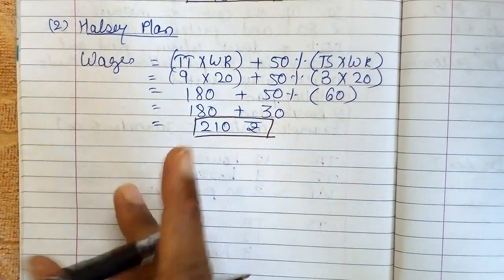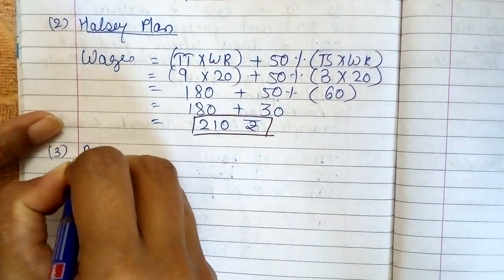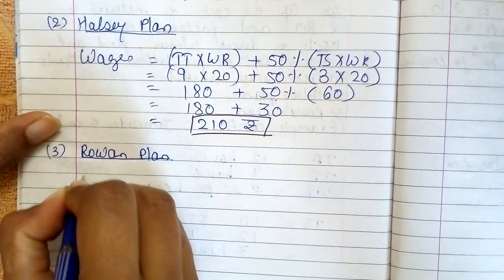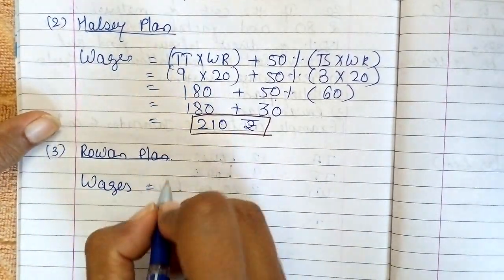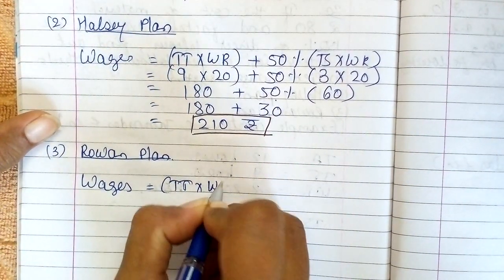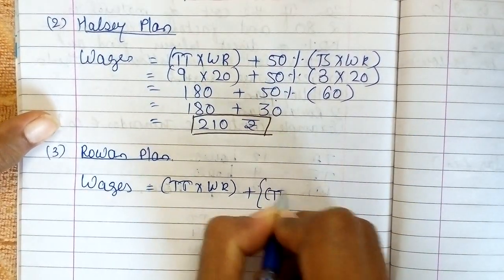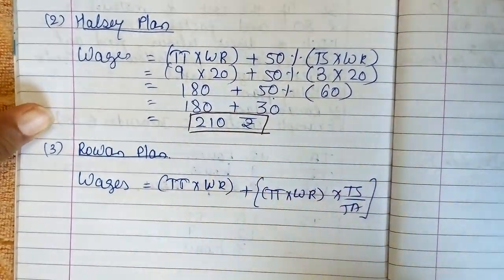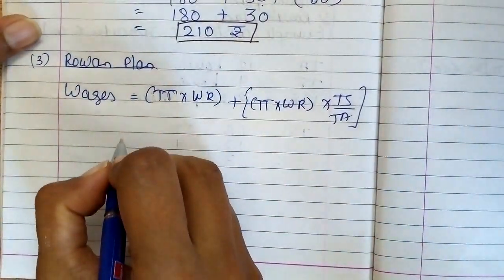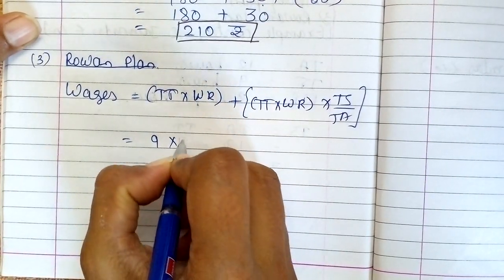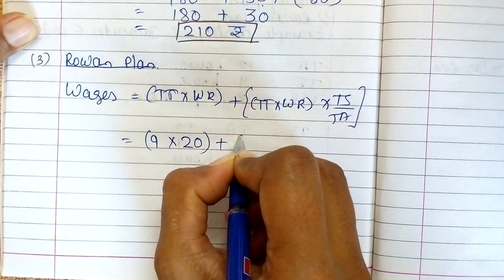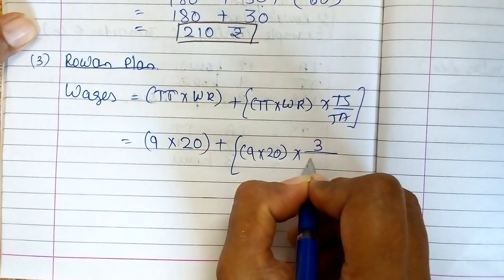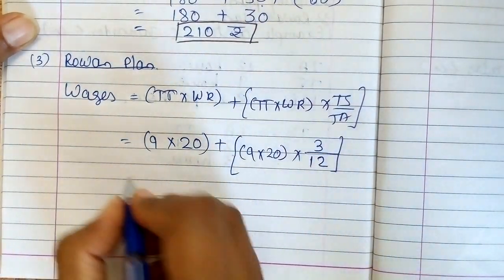Right? Now we are going to calculate wages as per Rowan plan. Wages will be time taken into wage rate plus time taken into wage rate into time saved upon time allowed. Right? So time taken was 9 hours, wage rate 20, plus 9 into 20 into time saved 3 and time allowed is 12.